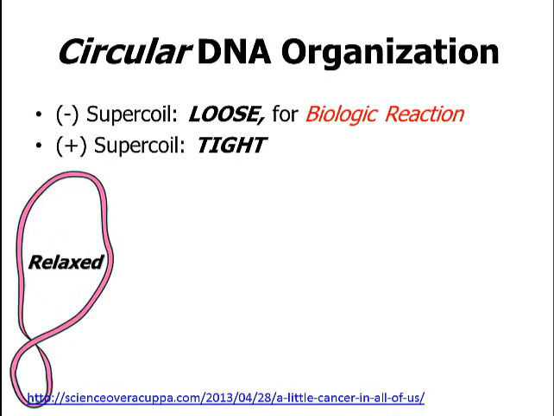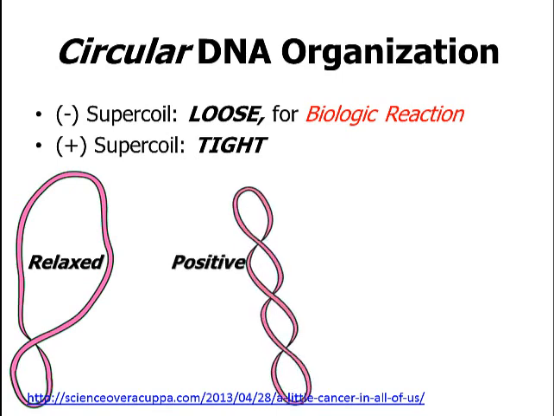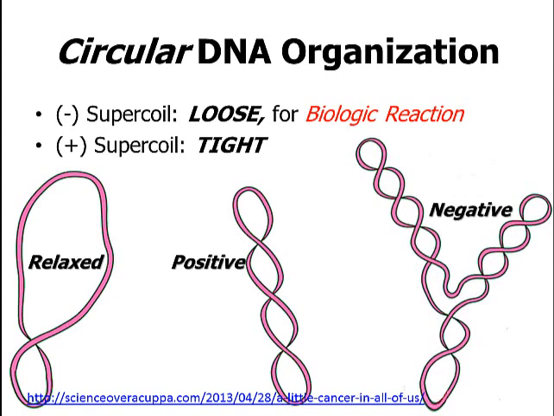We saw before relaxed and also positive supercoil. Here we want to see negative supercoil, and by negative supercoil, I mean this part. As we said, this is looser than B-DNA, so base pairs are more accessible for enzymes and biologic reactions can go on easily.